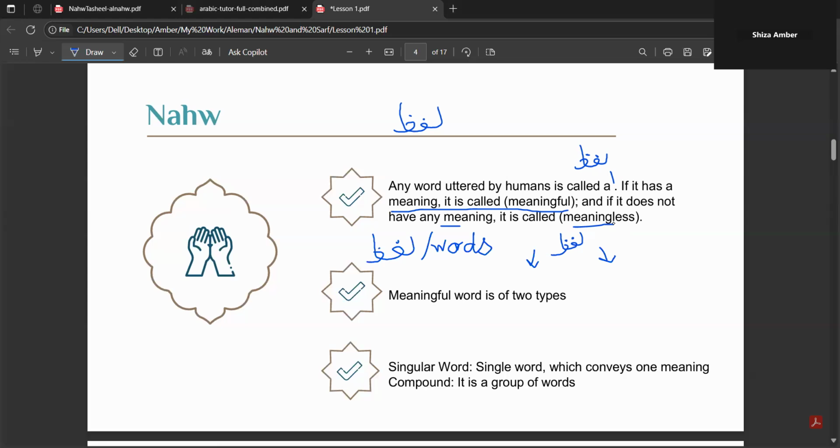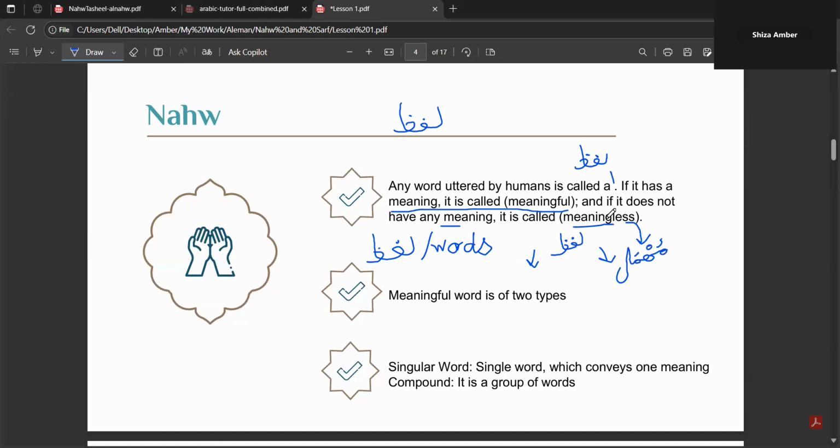For meaningless words, the gibberish taken out by the mouth of a baby, those random voices, are muhmal. Meaningless words are known as muhmal.